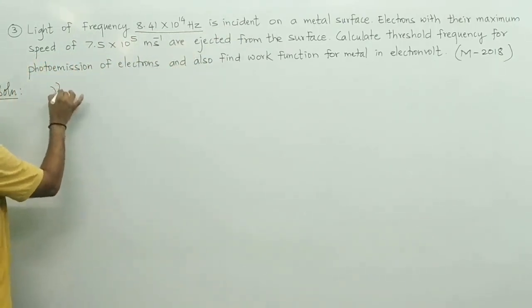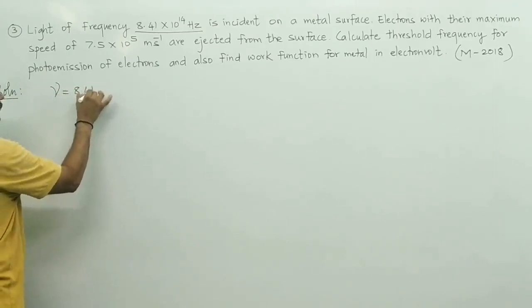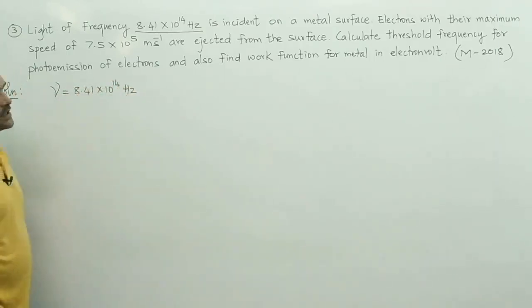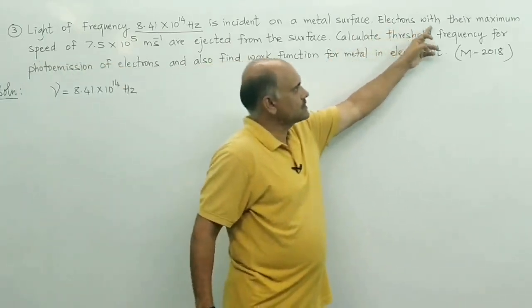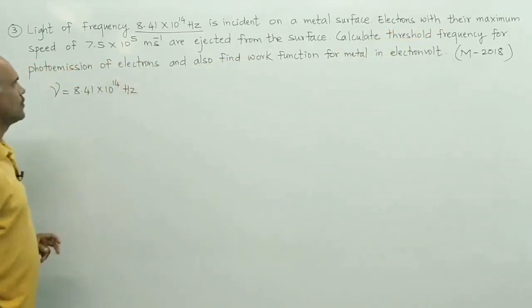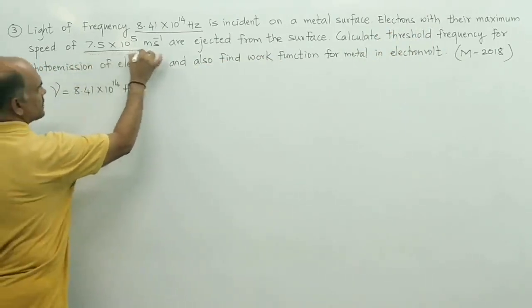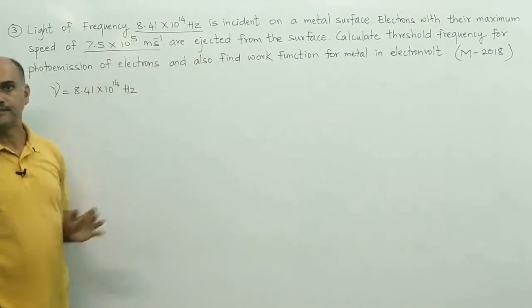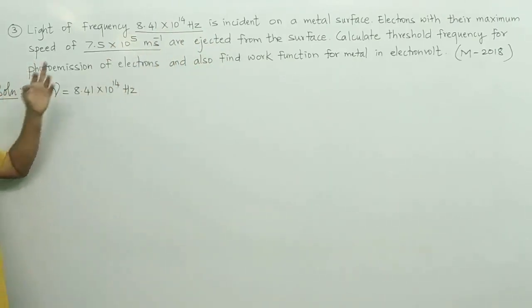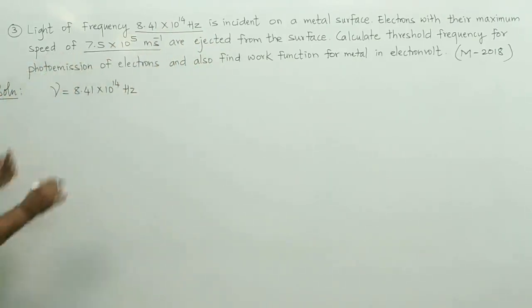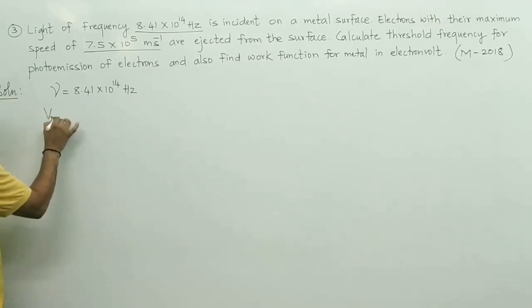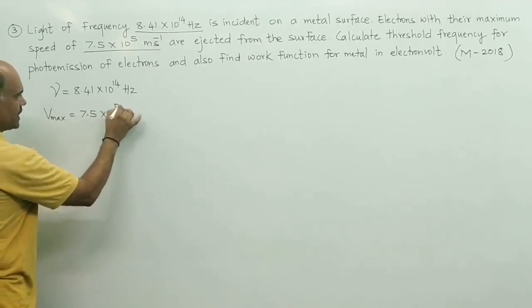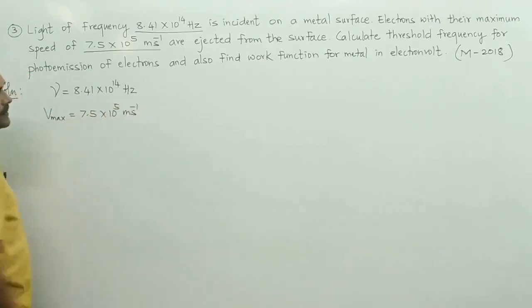Means he has given frequency 8.41 into 10 raised to 14 hertz. Electrons with maximum speed of 7.5 into 10 raised to 5 meter per second are ejected from the surface. Means he has given maximum speed, so he has given Vmax. So Vmax is 7.5 into 10 raised to 5 meter per second.